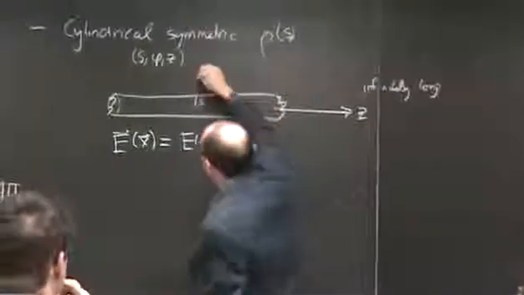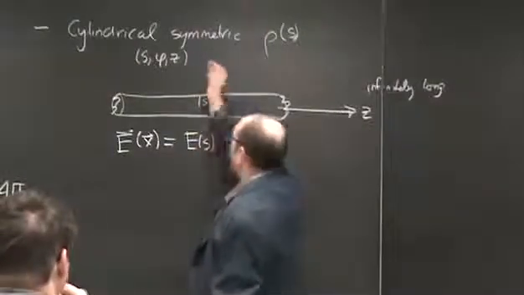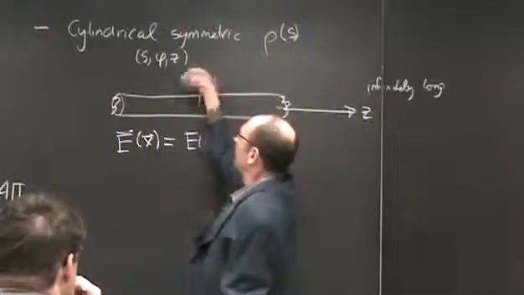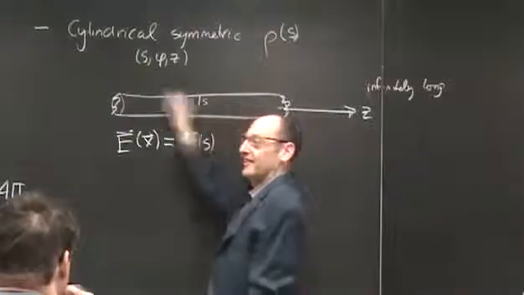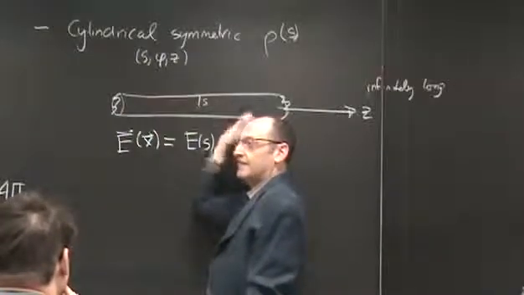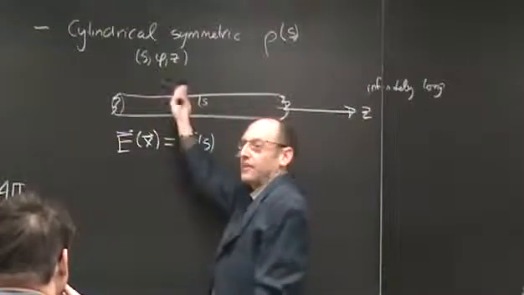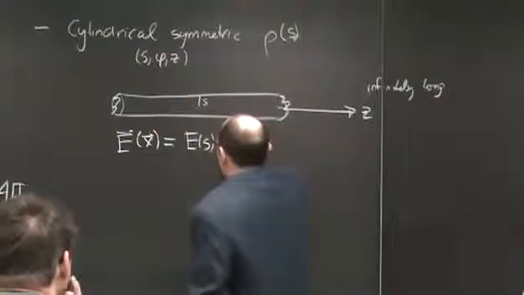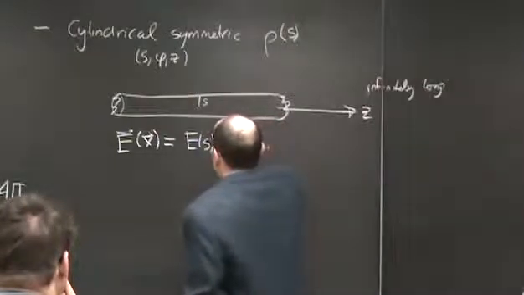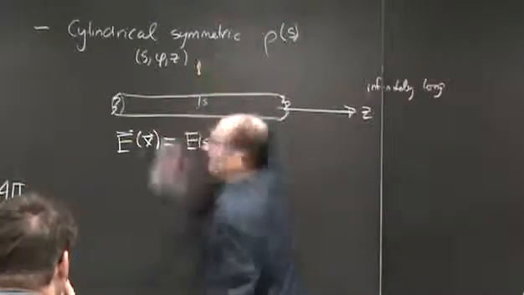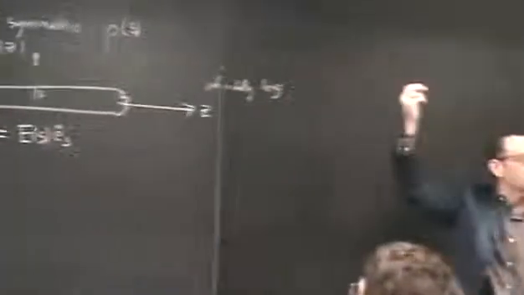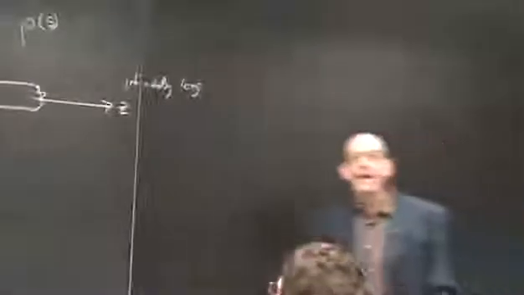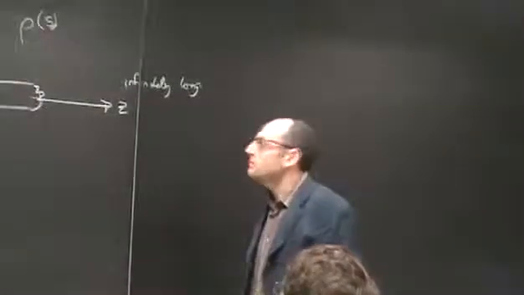Moreover, we know that it points away from the charge. It can't point in the z direction one way or the other, because how would it know where it was? There's no marker along the z-axis, and it can't point one way along phi, because how would it know? So the electric field must point like that, either plus or minus, depending on the sign of the charge.